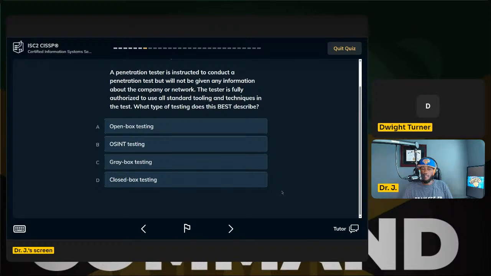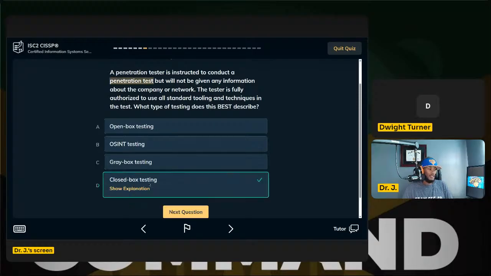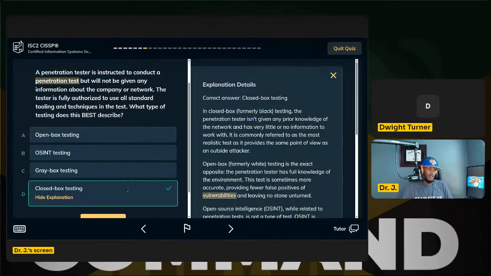If he's not given any information, that's going to be closed box, or formerly black box testing. The penetration tester isn't given any prior knowledge of the network. It's commonly referred to as the most realistic test, as it provides the same point of view as an outside attacker.